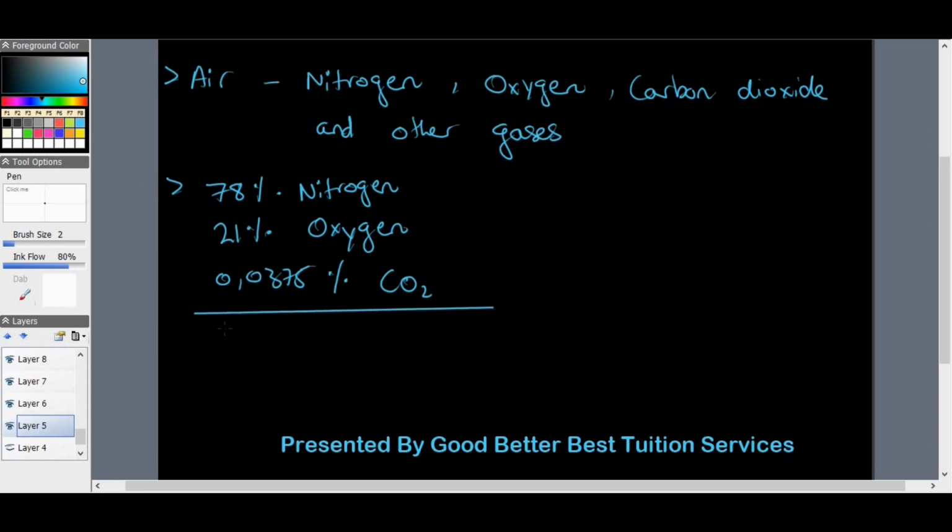we get to about 99.0375% of the air's mixture. In some textbooks it will say that other gases are 1%. Other textbooks will erase this statistic and go 78% and 21%, so 78% nitrogen, 21% oxygen, and other gases will be about 1%.